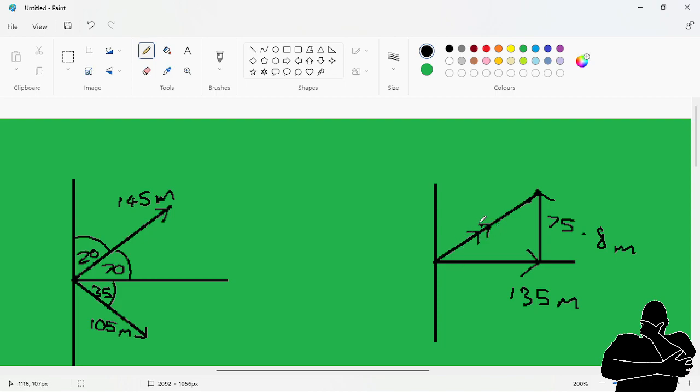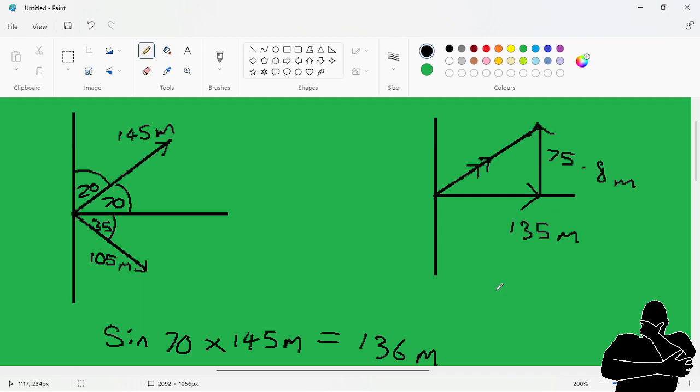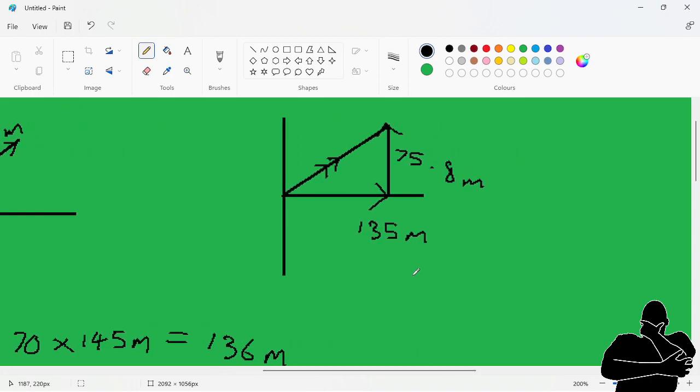So we're trying to find the length of this resultant. How do we find the length of this resultant? Well, we are given the length of two sides, and this is a right-angled triangle. That means we can use Pythagoras' theorem. So Pythagoras' theorem says c squared is equivalent to a squared plus b squared.